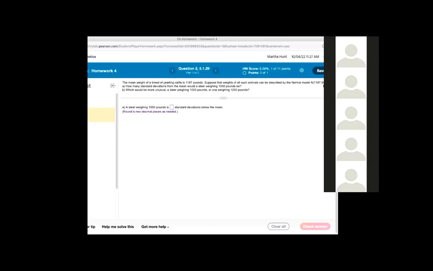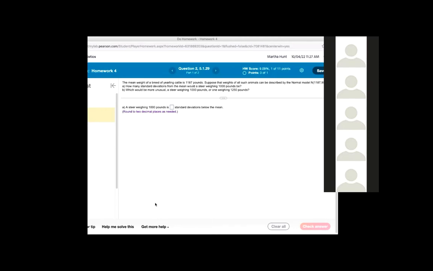So it's normally distributed with a mean of 1187 and a standard deviation of 90. How many standard deviations from the mean would a steer weighing 1,000 pounds be? That's language for asking you, what is the z-score? Because the z-score measures how many standard deviations from the mean.